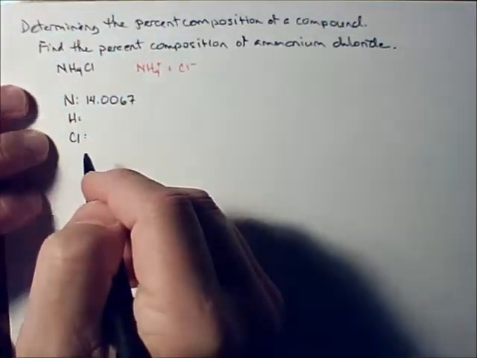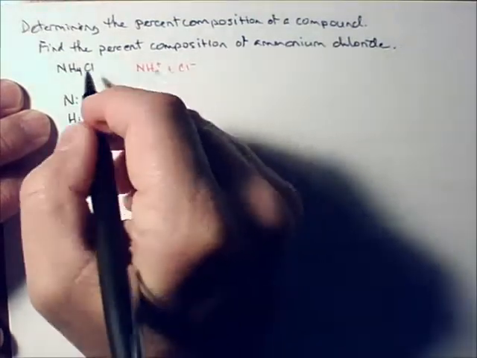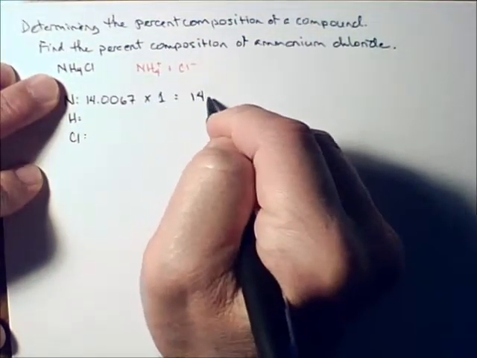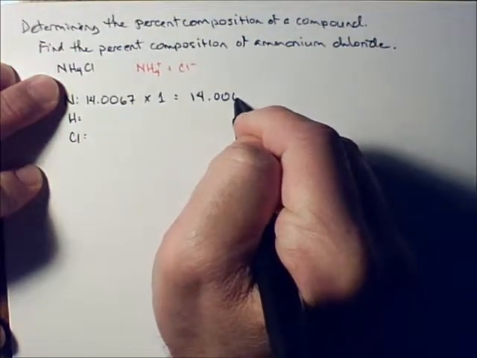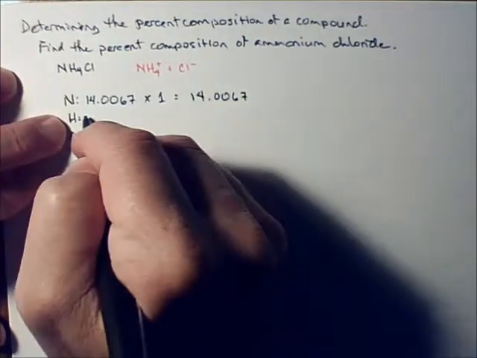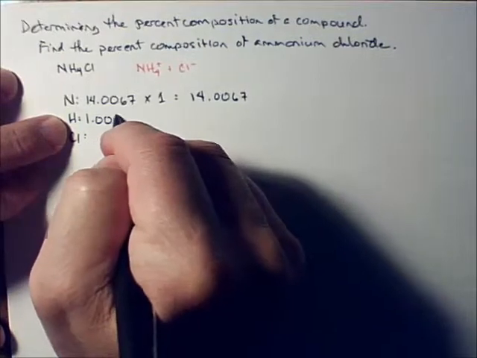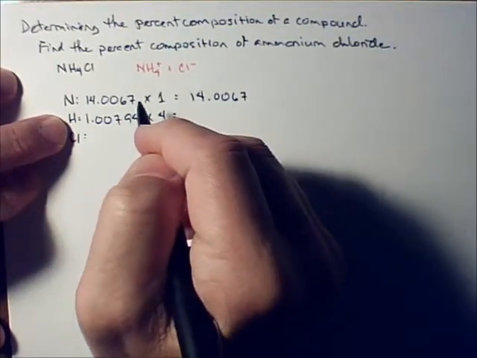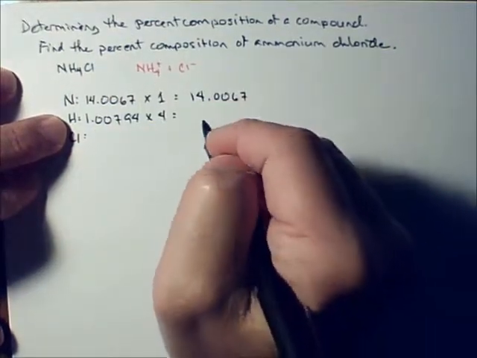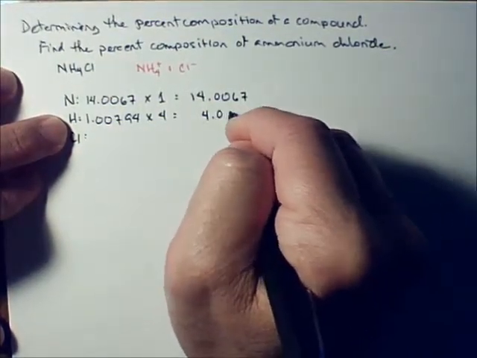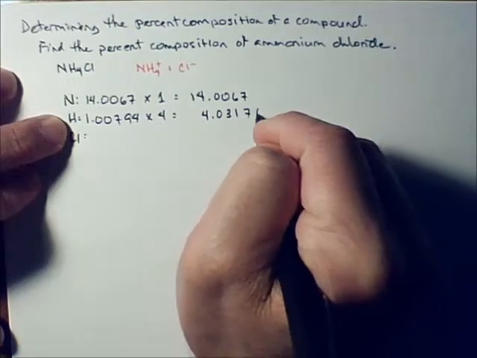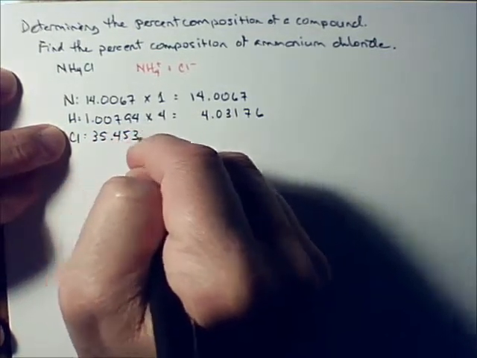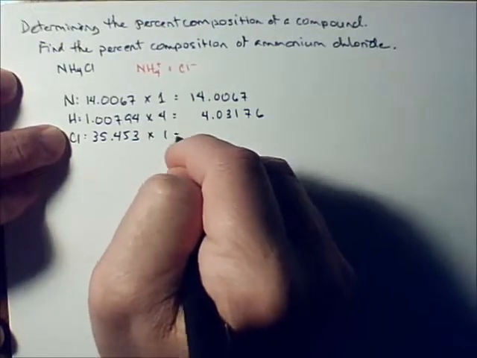So this is the atomic mass of nitrogen, and there's one of those in the formula, times 1. Hydrogen's atomic mass is 1.00794, correct, times 4. And that's 4.03176. There's one of those chlorine atoms.